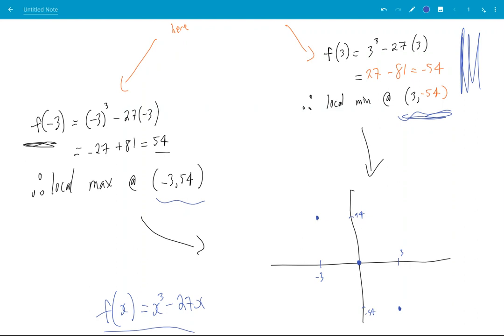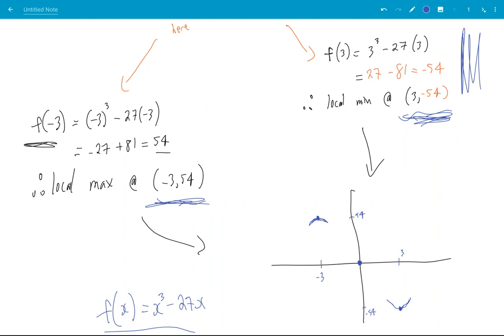That's my dot in the bottom right. And then local max at negative 3, 54. That's my local max. So there's a max there, so you can draw a little hill there. And a min at 3, negative 54. So I can draw a little valley there, right?